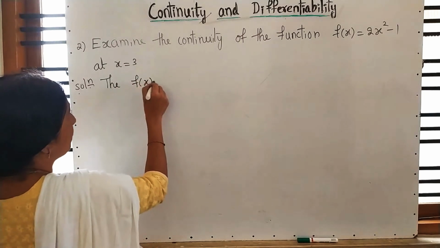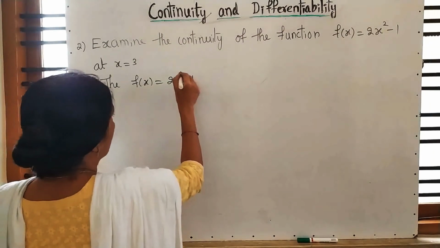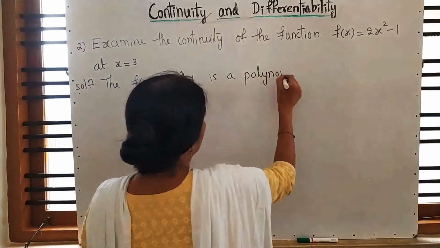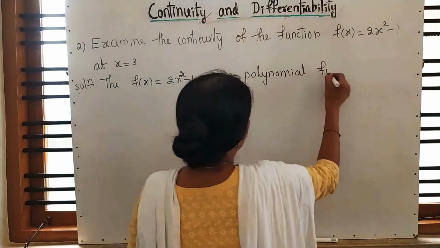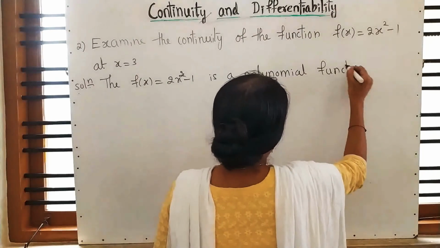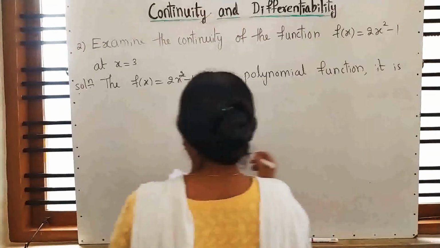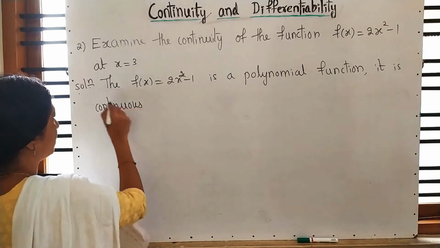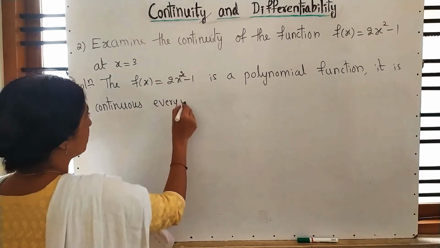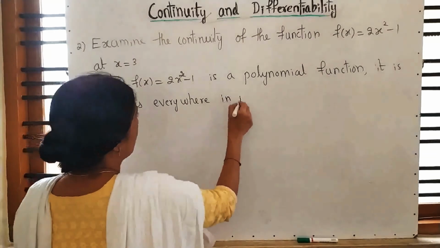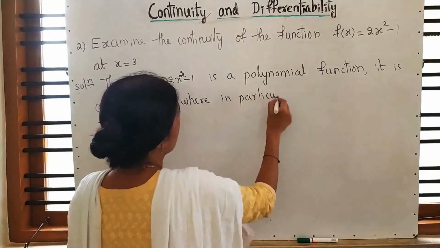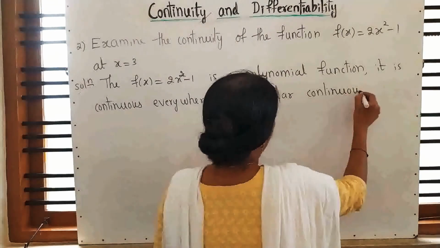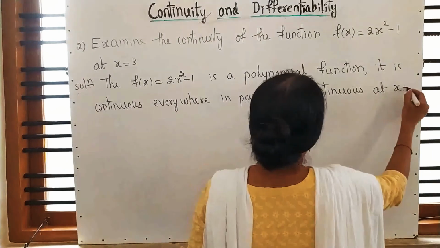The function 2x square minus 1 is a polynomial function, comma, it is continuous everywhere. In particular, continuous at x is equal to 3.